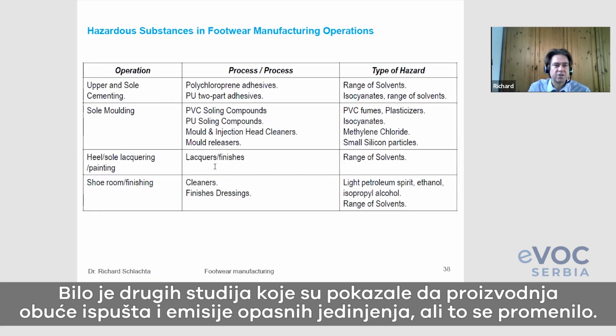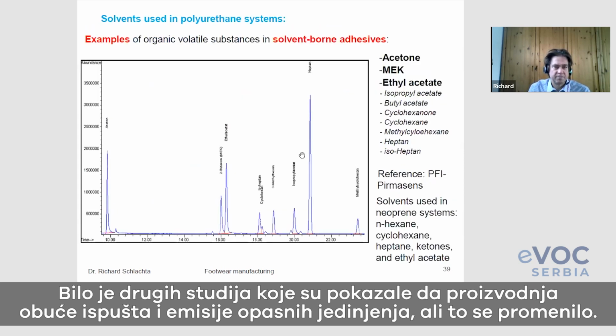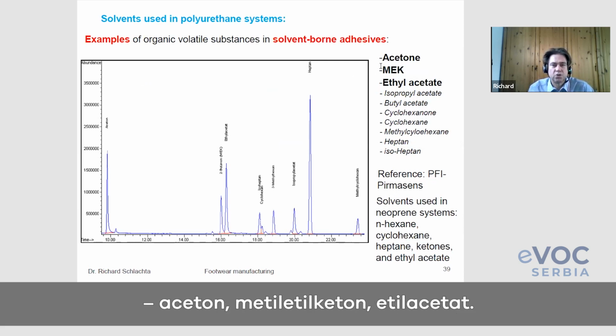Yes, there are other studies that showed that footwear manufacturing emits hazardous compounds, but that has, I think, changed. Here is just to see what materials are relevant, and you can see by this chromatogram the most relevant solvents are acetone, methyl ethyl ketone, and ethyl acetate.